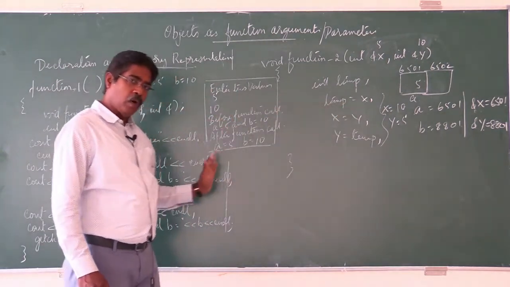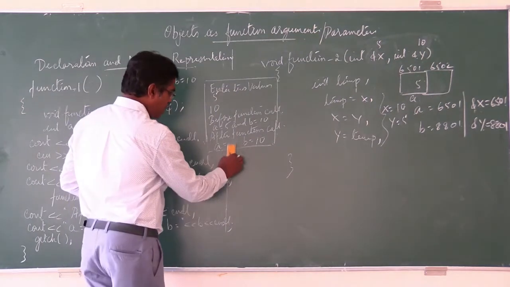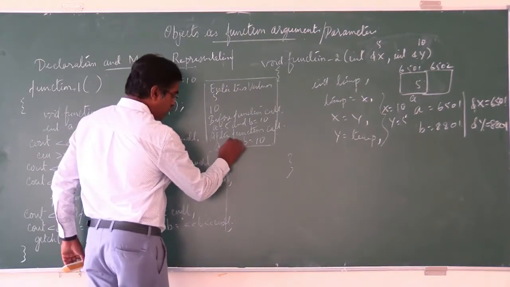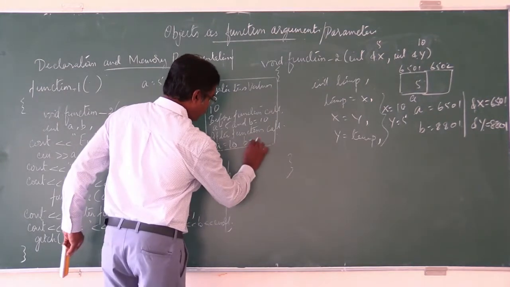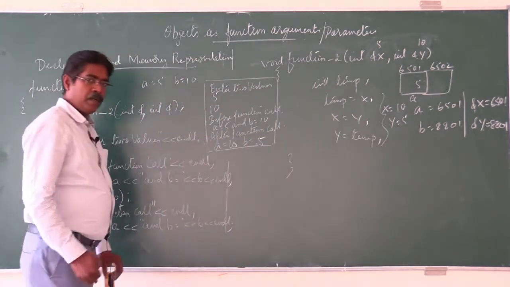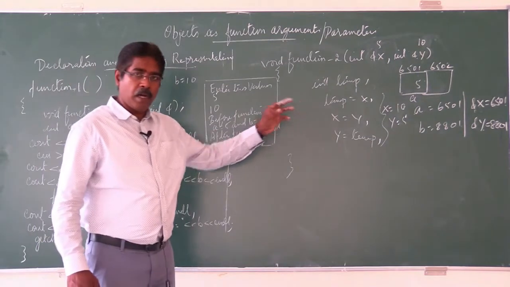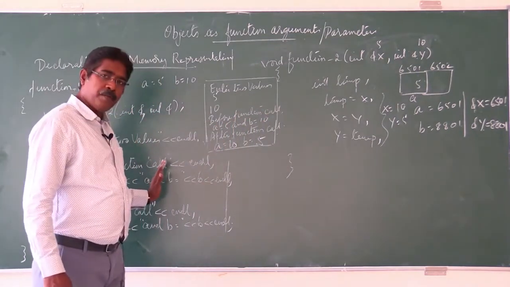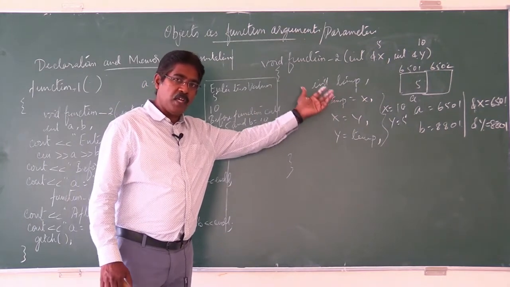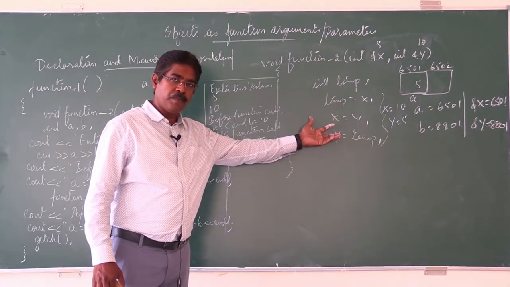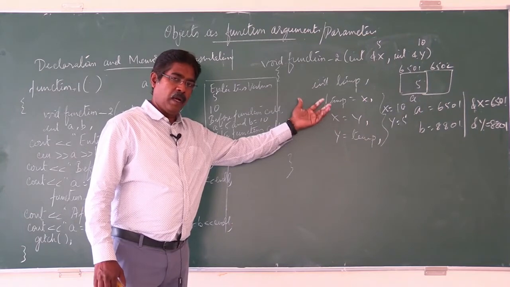Hence, A value also gets changed. So, I say here, A equals 10, B equals, what is that? 5.